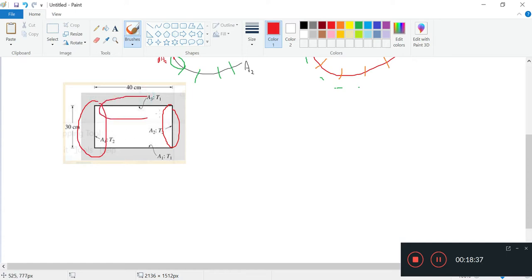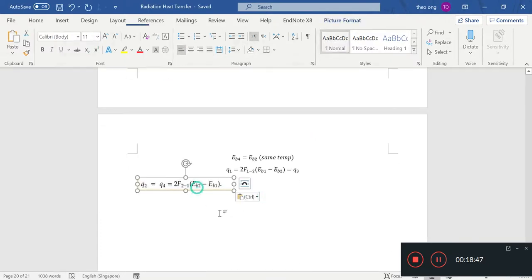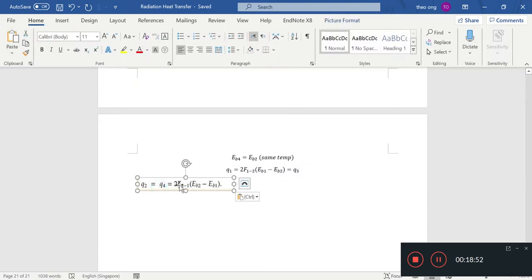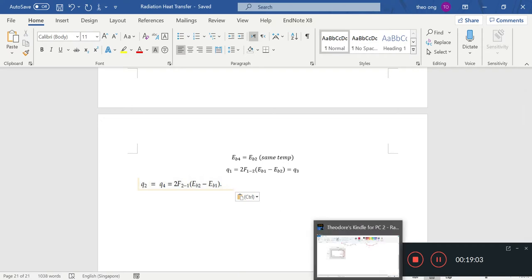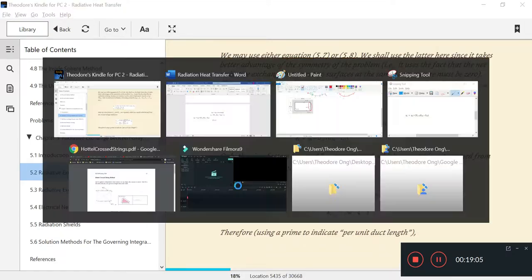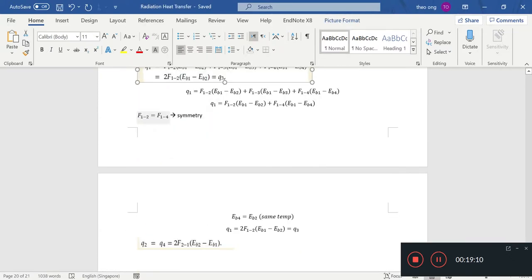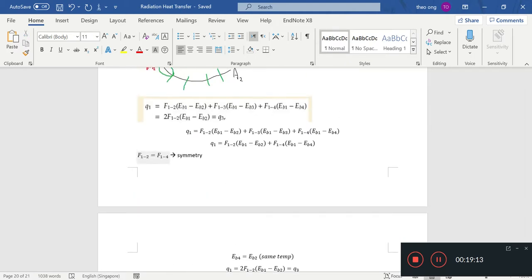Then we're basically finding the net heat transfer from these two to these. Okay, and then we'll end up with a formula very similar looking to this one. So Q4 equals 2 F2 to 1 bracket EB2 minus EB1. So we just find the two view factors, and then we can find the net heat transfer.